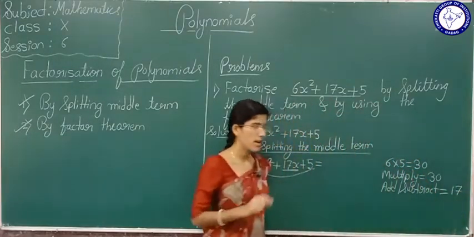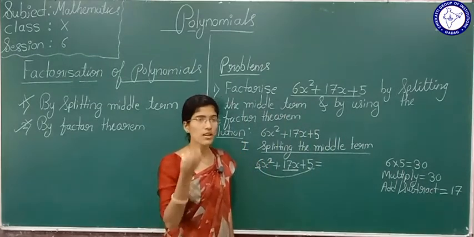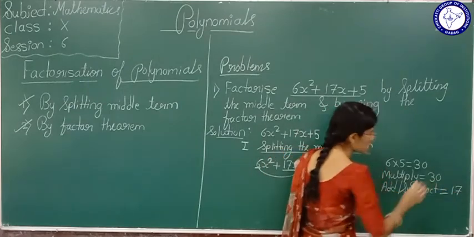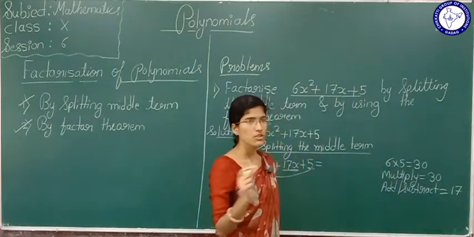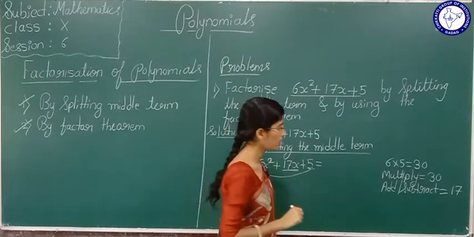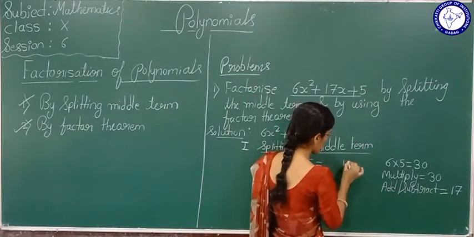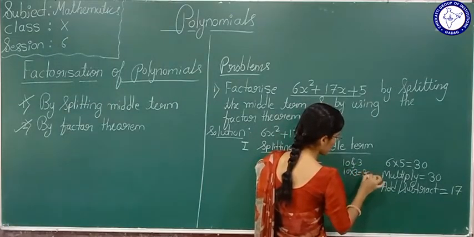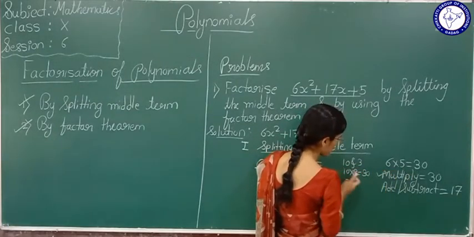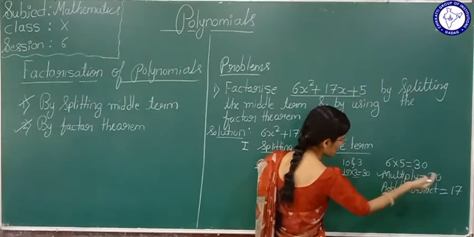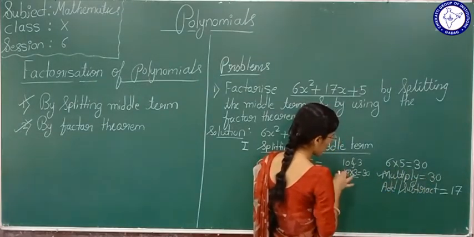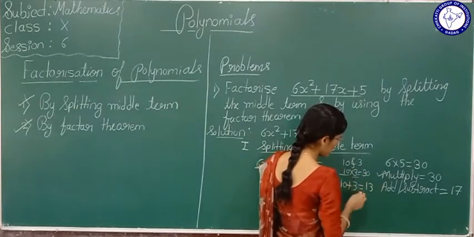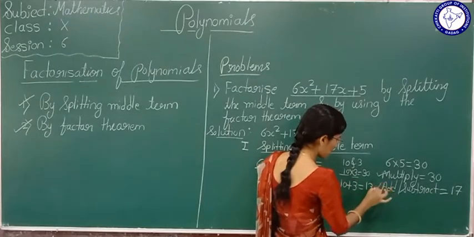So we have to find two numbers such that if you multiply, 30 should come, and if you add or subtract, 17 should come. Which are those two numbers? If I take the two numbers 10 and 3, 10 threes are 30, so this condition is satisfied. But I want 17. 10 plus 3 is 13. So these two numbers do not satisfy this condition.